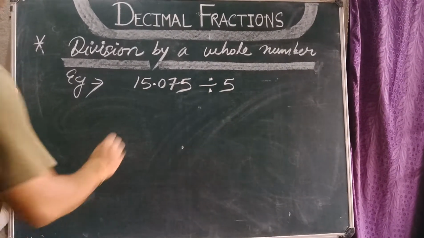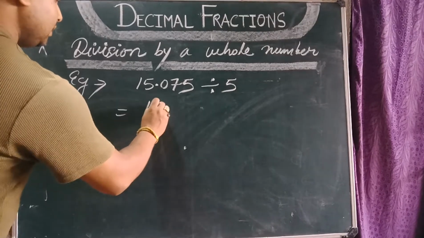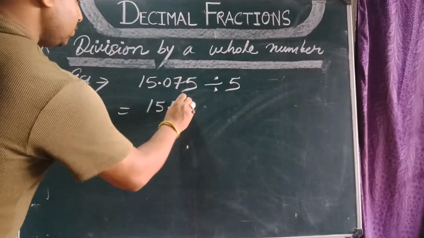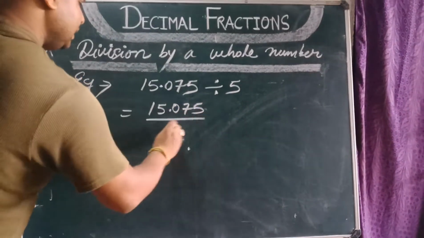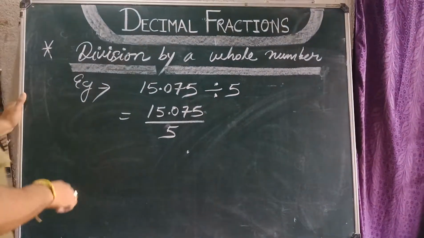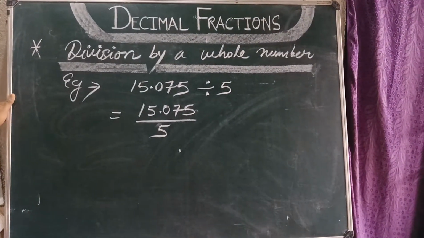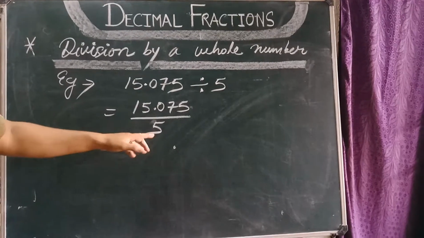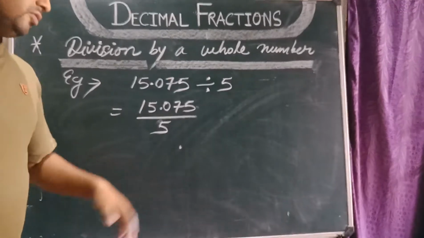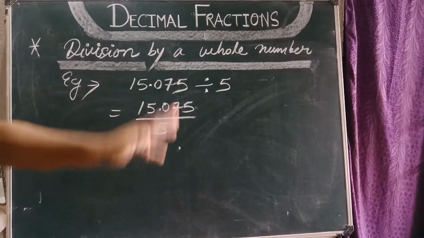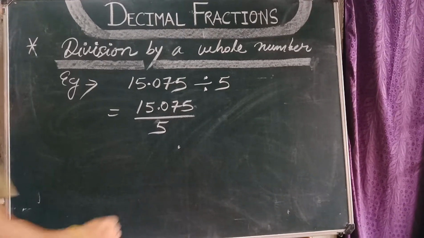So we can write it this way: 15.075 by 5. Two ways are there. Either you can divide like this if you are confident, otherwise you can go through the proper division method. I will tell you both.